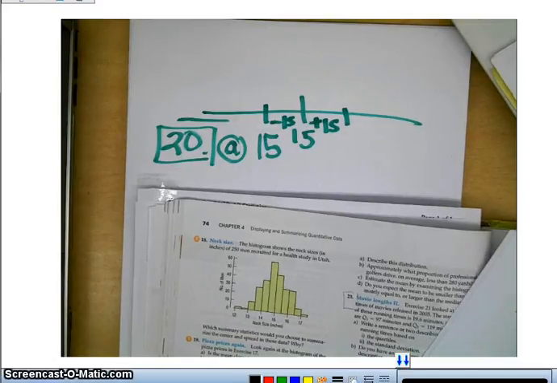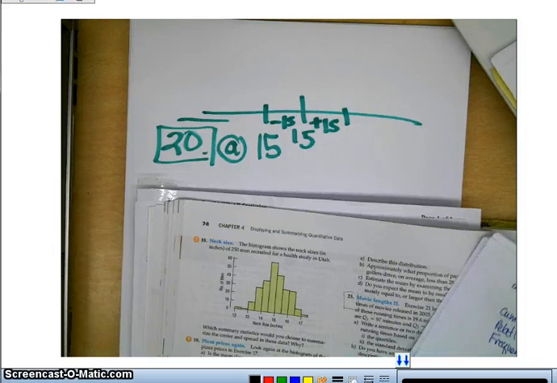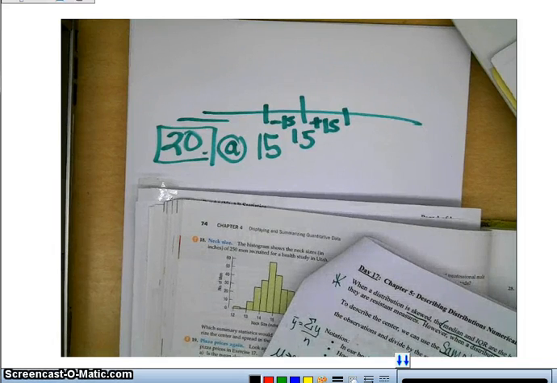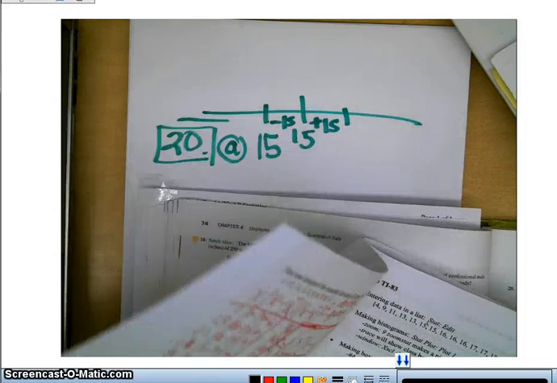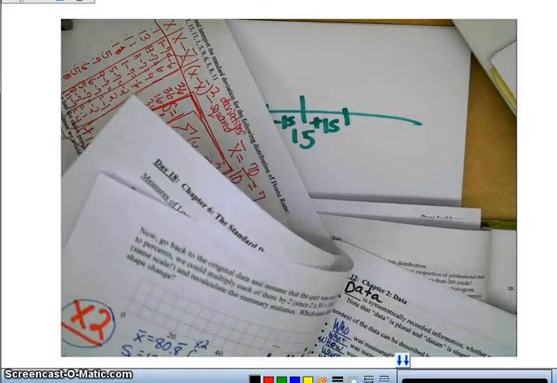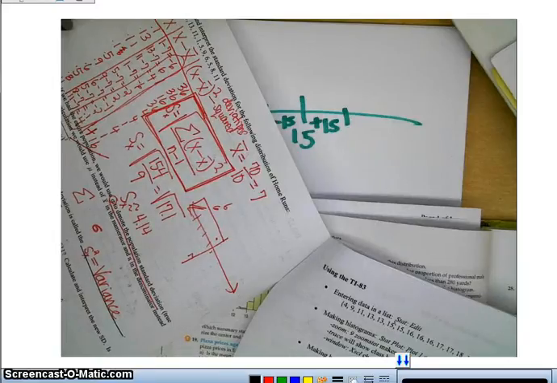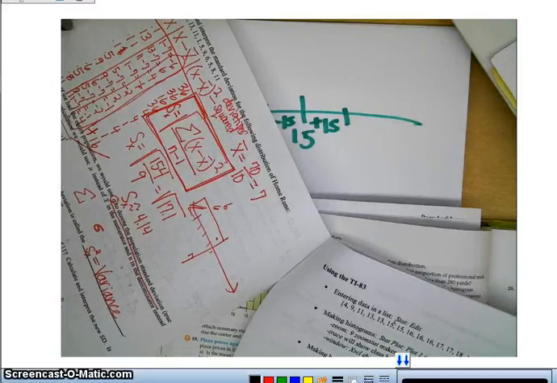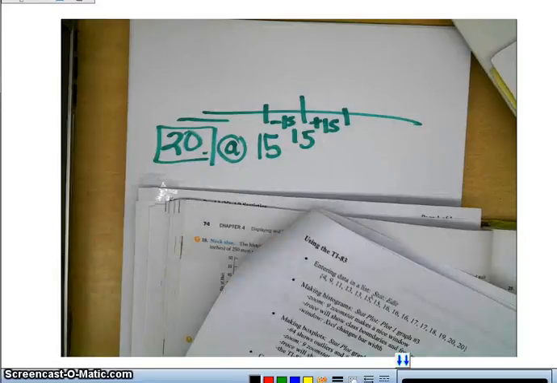In fact, we did an example in our notes. Page 44, actually right above our homework.